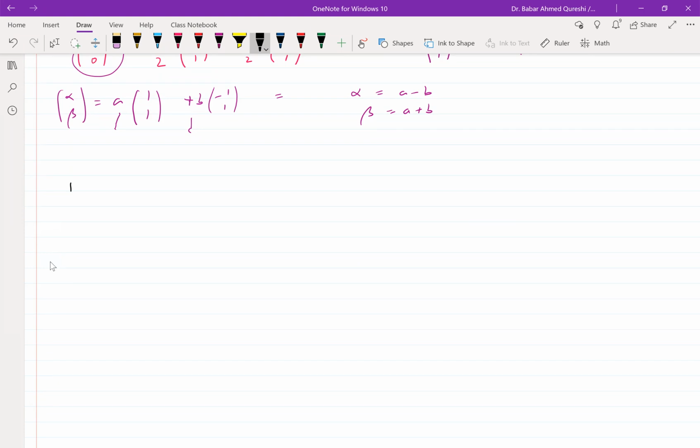So first of all, the first thing which we have noticed, we did it for an example, but this is true for any number of vectors from any vector space.